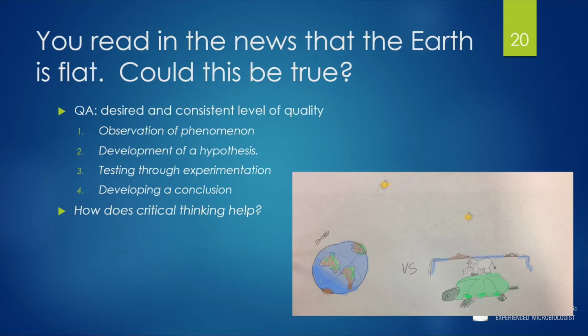My next example is one relating to fake news or just flat out nut jobs. You could read in the news that the Earth is flat. Well, could that be true?